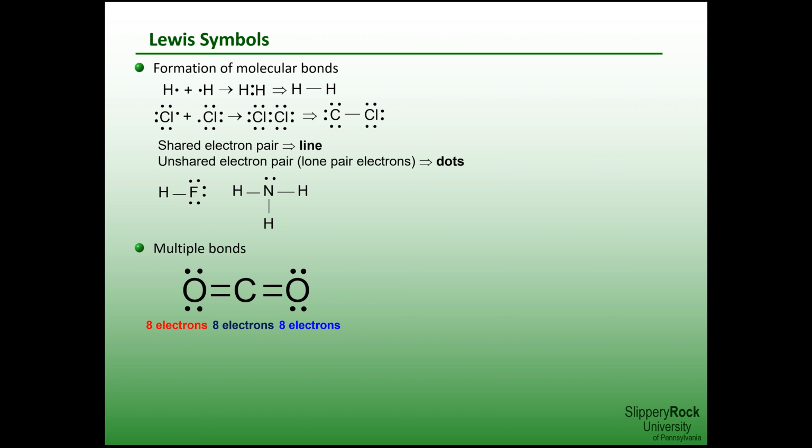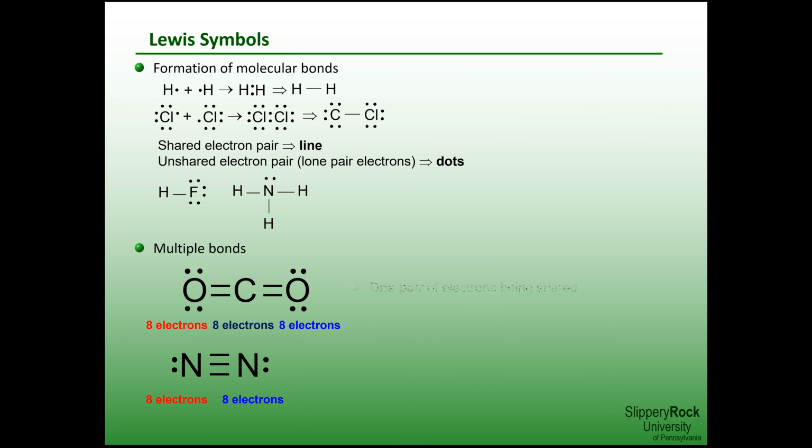Each nitrogen atom in N2 has 5 valence electrons and shares 3 pairs of electrons with the other nitrogen atom. This sharing gives each nitrogen atom a full octet and results in the formation of a triple bond. Triple bonds involve the sharing of 3 electron pairs and are typically very strong.